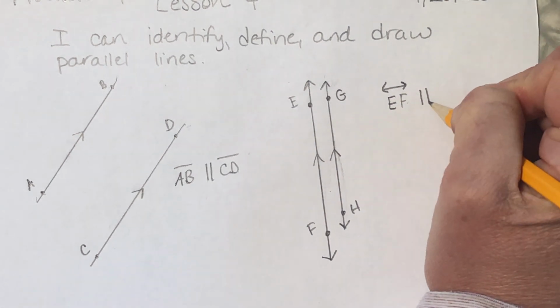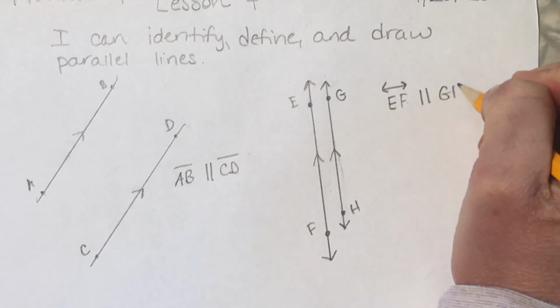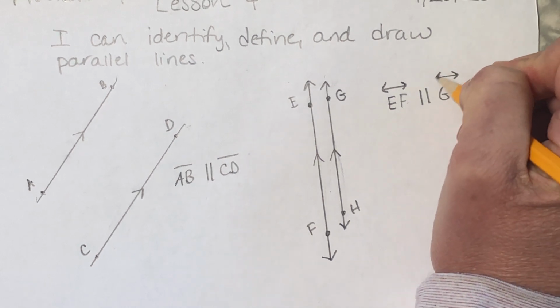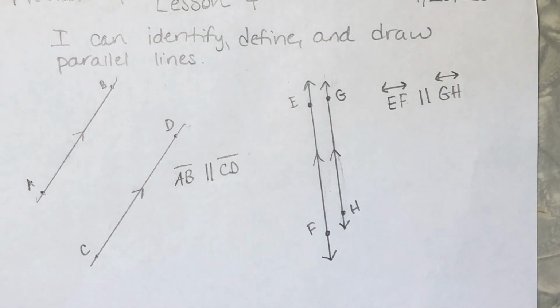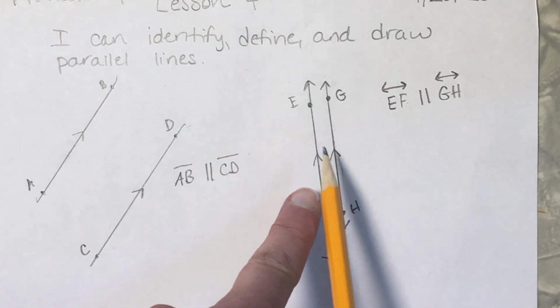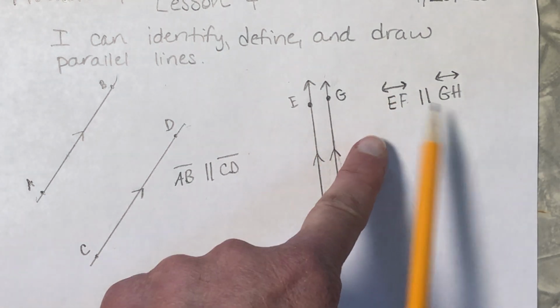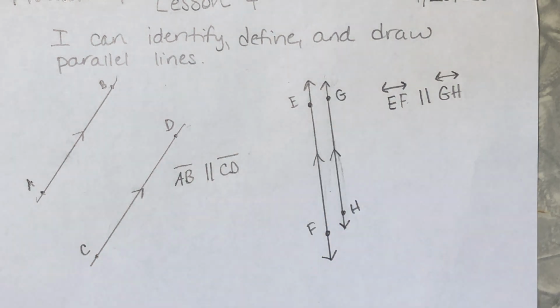Line EF is parallel to line GH. So this is how I show parallel lines in my drawings, and this is how I show that lines are parallel when I'm trying to let somebody know which 2 lines are parallel.